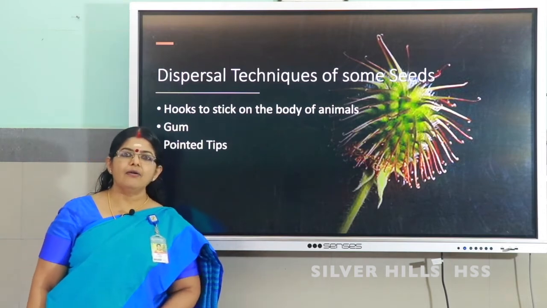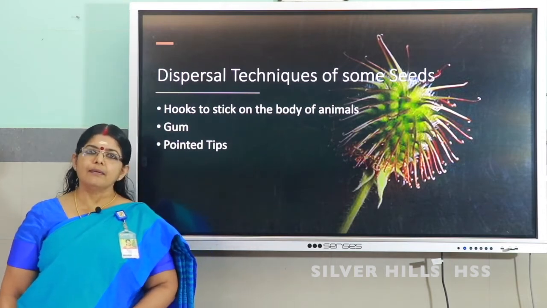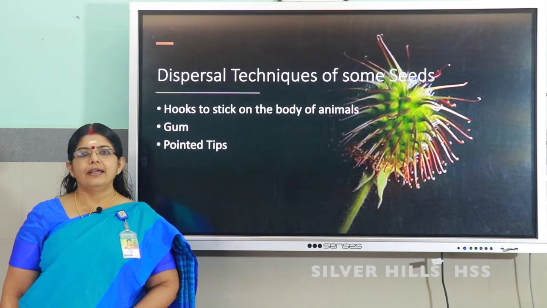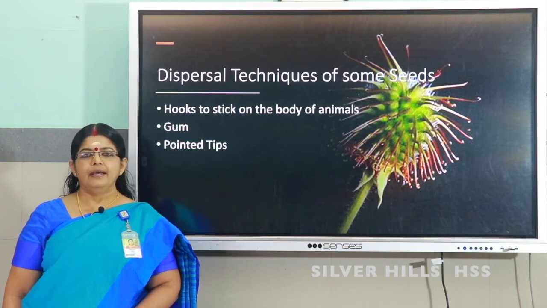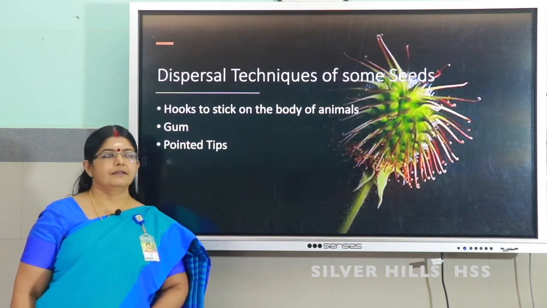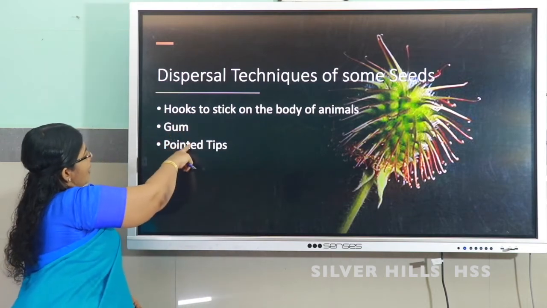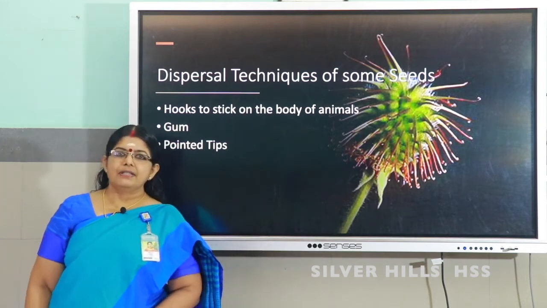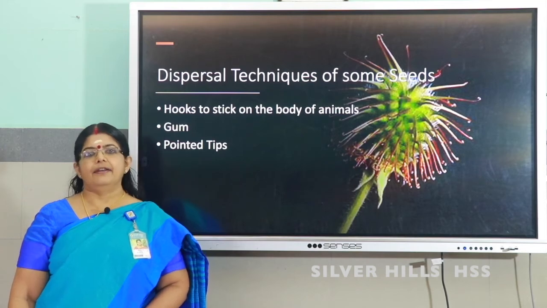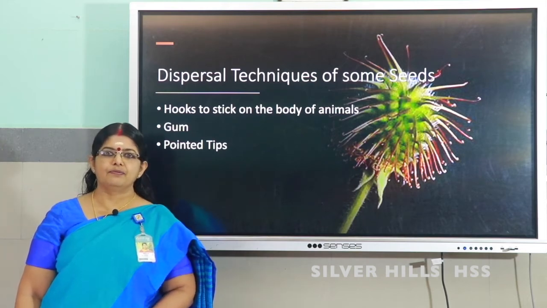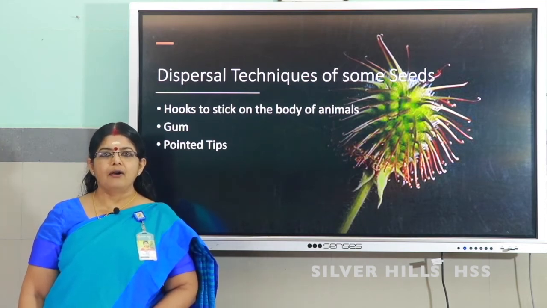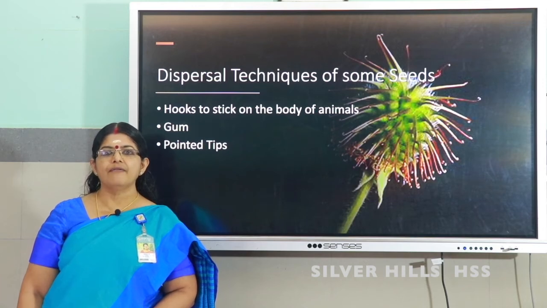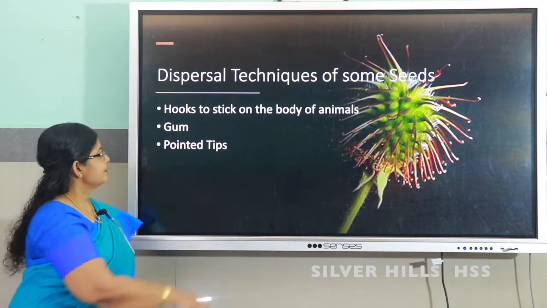Some seeds have hooks to stick on the body of an animal, and while the animal moves from one place to another, these seeds are carried away with them and get dispersed. Then gum and pointer tips. Certain seeds have gum which sticks on the body of animals, and some seeds have pointer tips, and all these help in the dispersal of seeds.